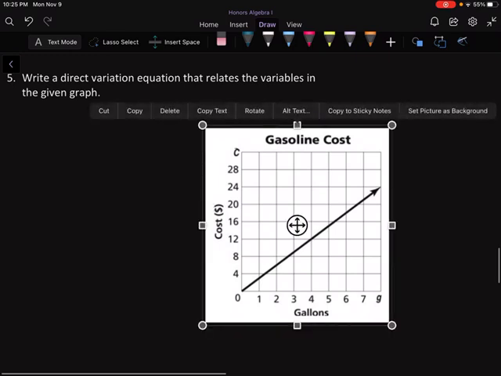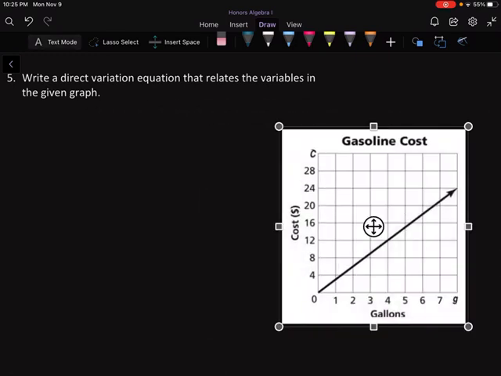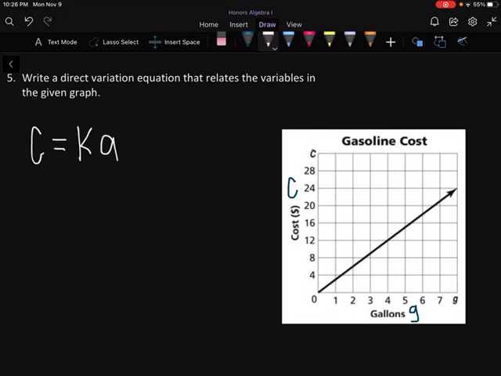Write a direct variation equation that relates the variables in the given graph. Here we have gallons, so I'm going to label gallons with a lowercase g, and cost with a capital C. So I know cost varies directly with the gallons of gas, right?